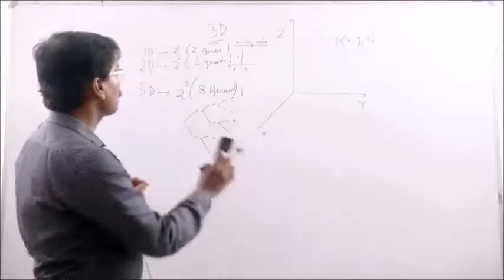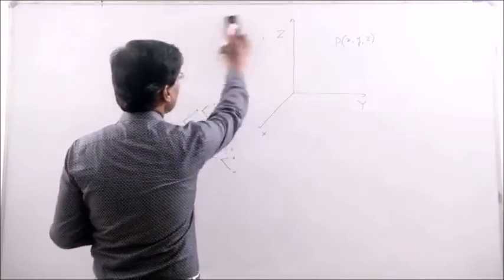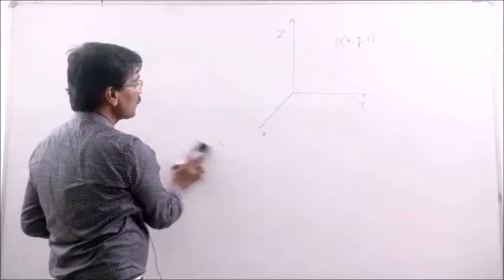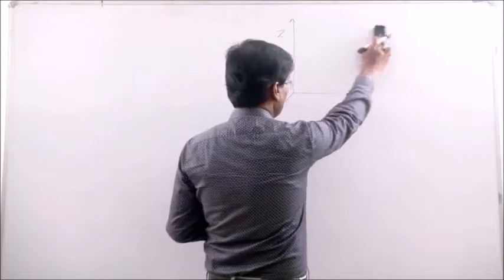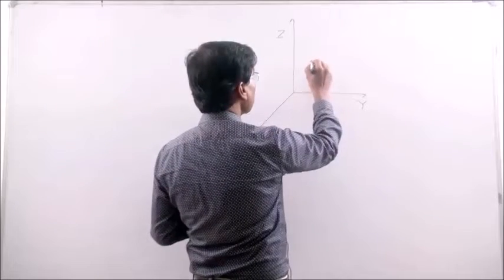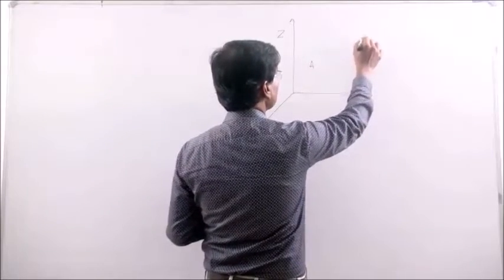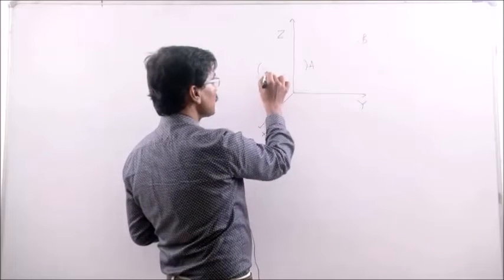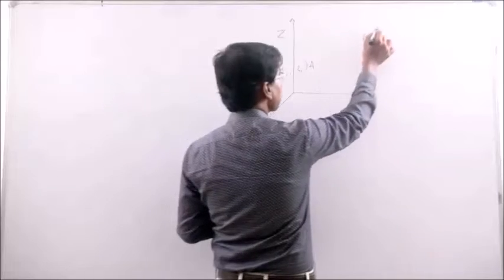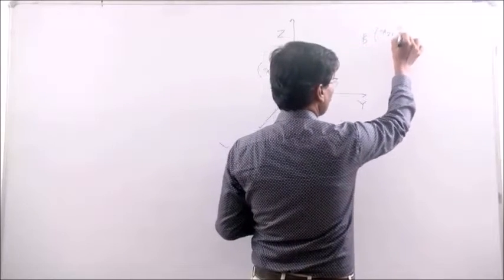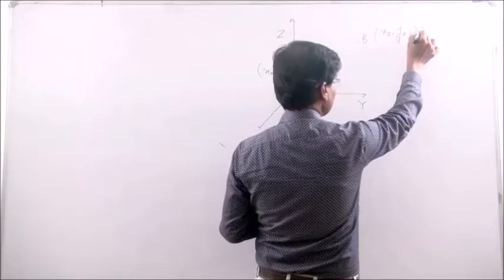So, most of the concepts in 3 dimensions are similar to 2 dimensions. Suppose we have 2 given points A and B having coordinates x1, y1, z1 and x2, y2, z2.